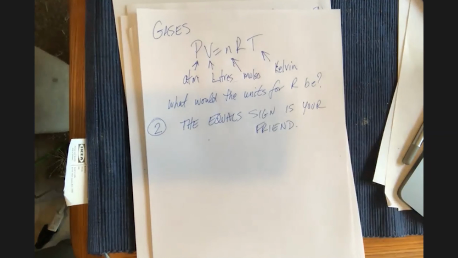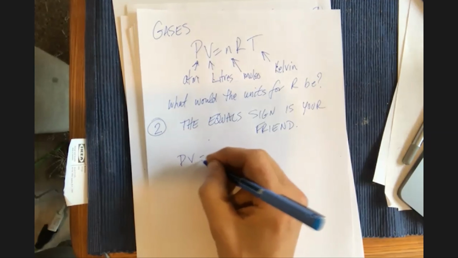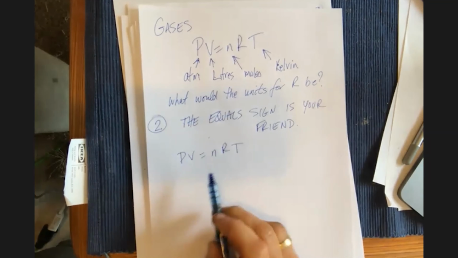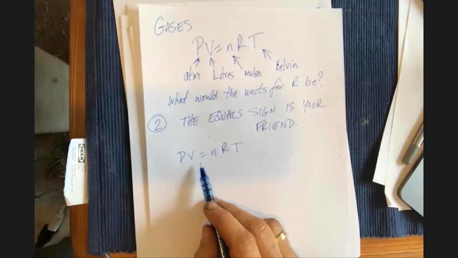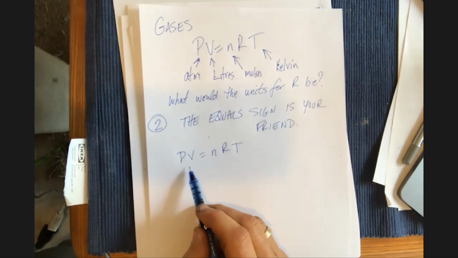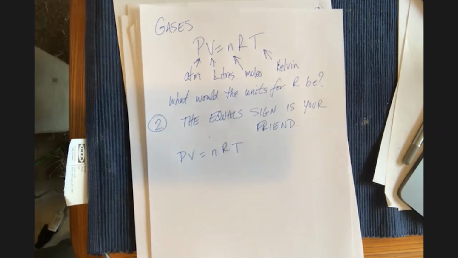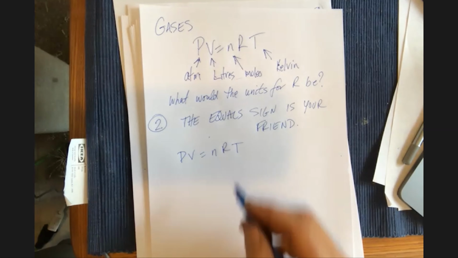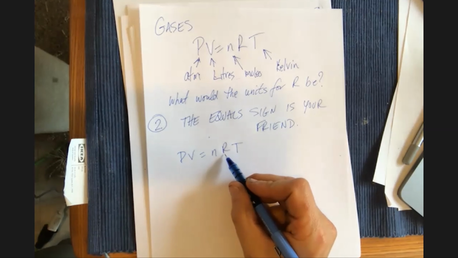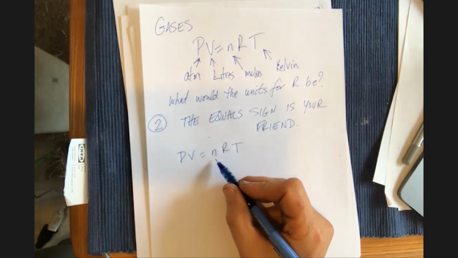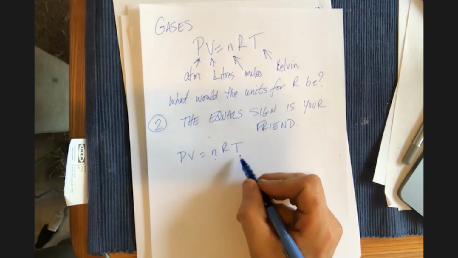So I've got PV is equal to nRT. An equal sign really means equal. It means that this thing on this side is the same as this thing on the right-hand side. So as long as you do the same thing to both sides, you're in good shape. We wanted to find out the units for R, right? So I want to get rid of the moles and the temperature on the right-hand side.